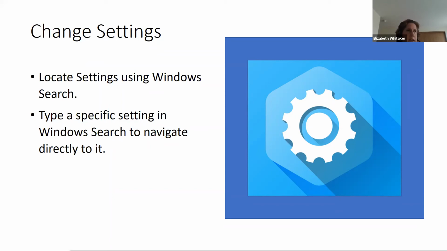Now, when you're in your settings, you can navigate using your tab key. And then, again, you'll have maybe combo boxes or list boxes that you can navigate using your up and down arrow keys. So let's go ahead and let me share my screen once again.